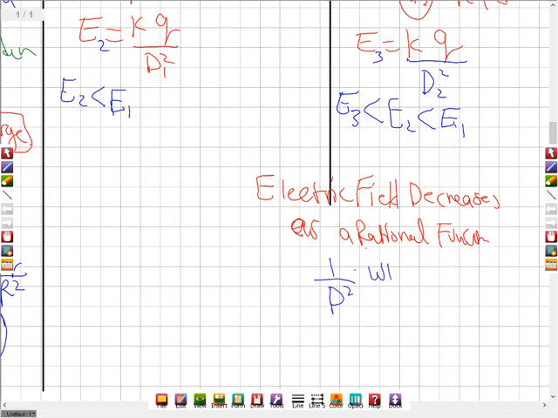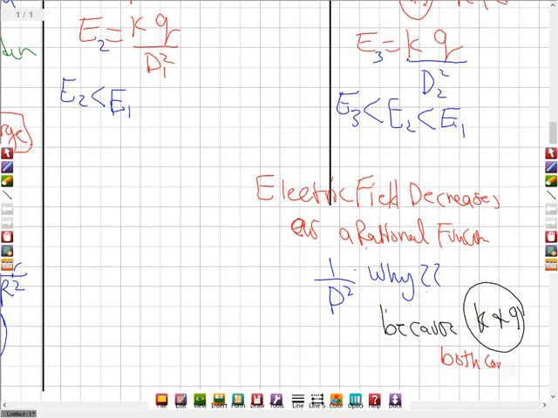Why? Because k and q are both constants. And the graph of this one looks like that.